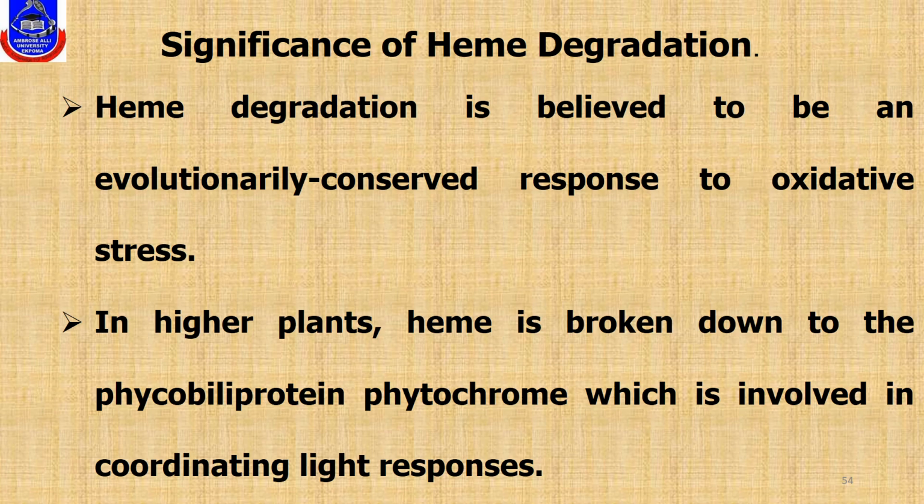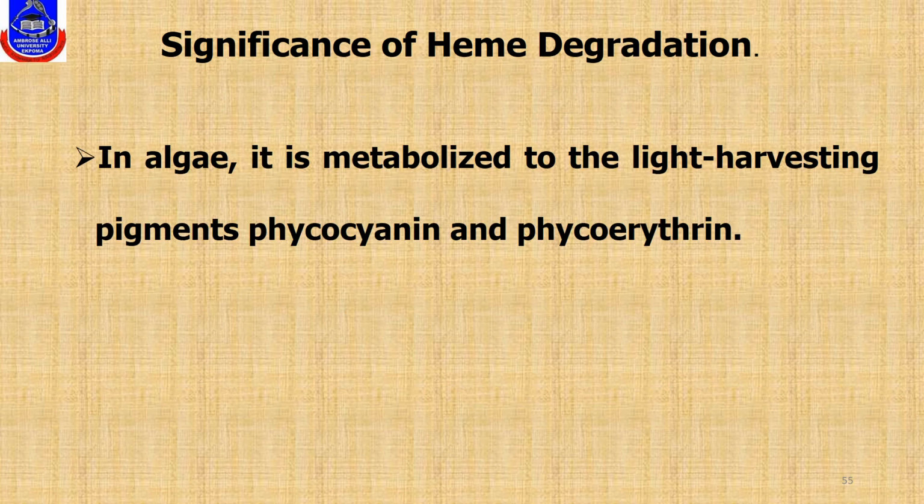In higher plants, heme is broken down to phycobilin protein, phytochrome, which is involved in combating light responses. In algae, it is metabolized to the light harvesting pigments, phycocyanin and phycoerythrin.